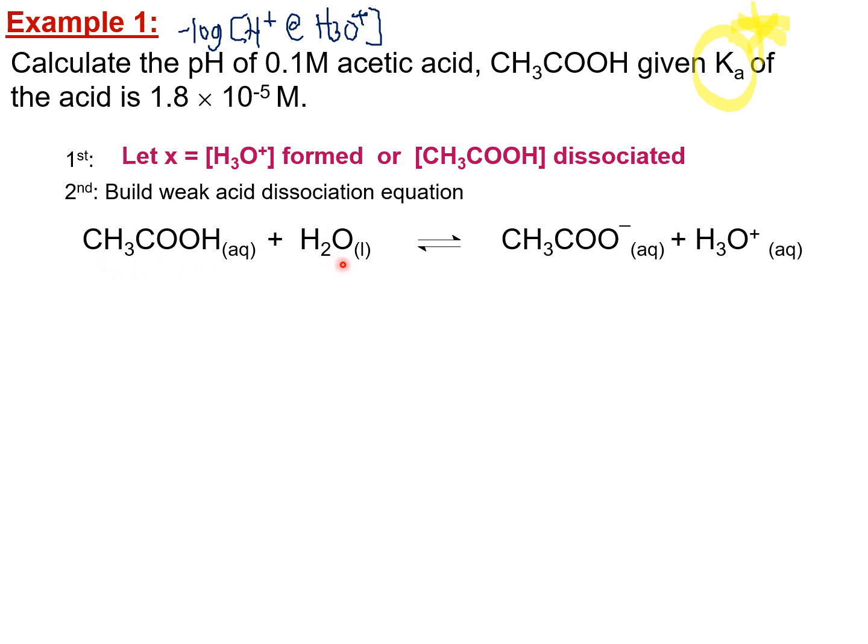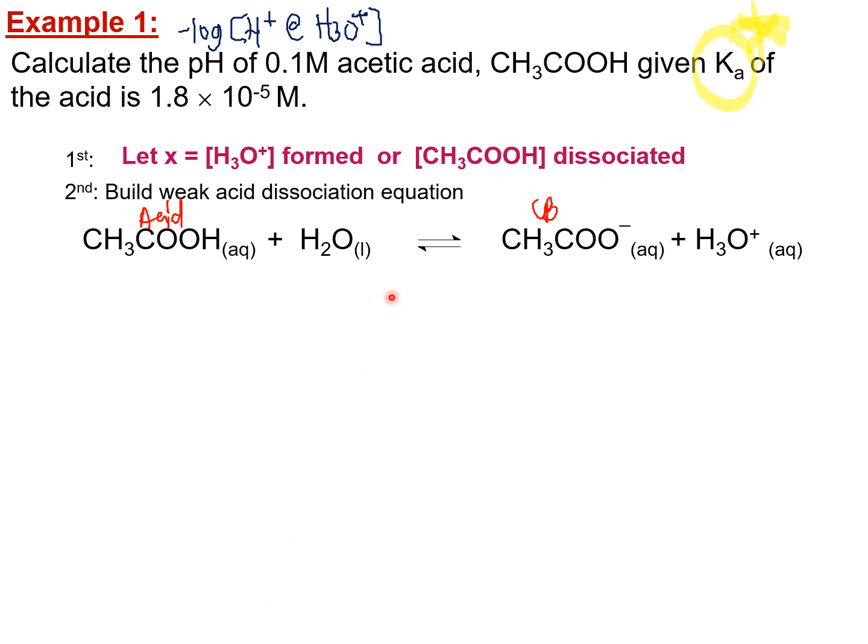CH3COOH plus H2O, and then since they dissociate partially, dia akan ada this reversible arrow. And okay, kalau acid adalah spesies yang akan donate proton according to the Bronsted-Lowry theory, so the product akan hilang hydrogen. Okay, if this is acid, this will be conjugate base.